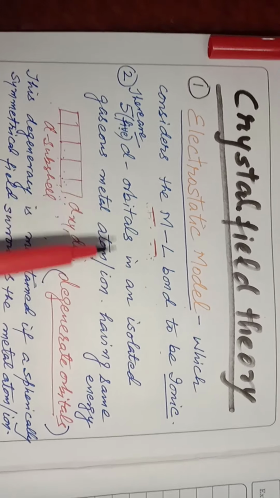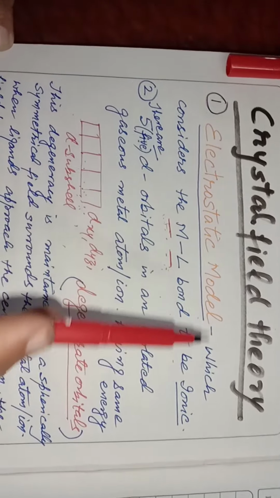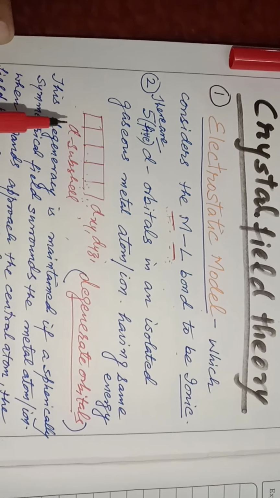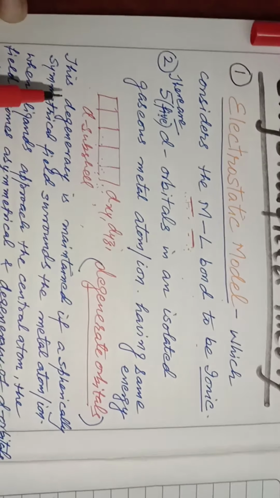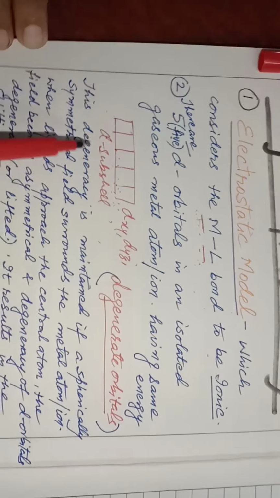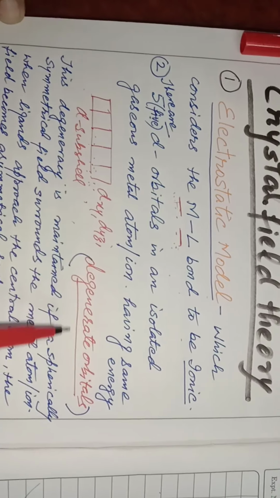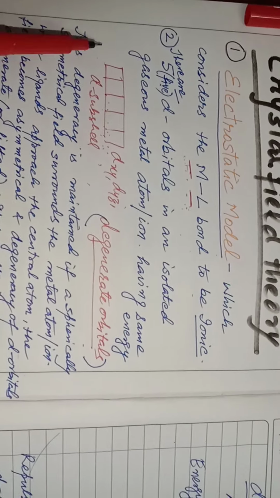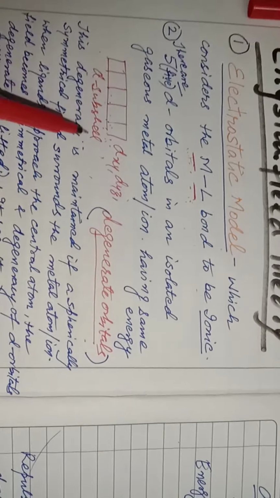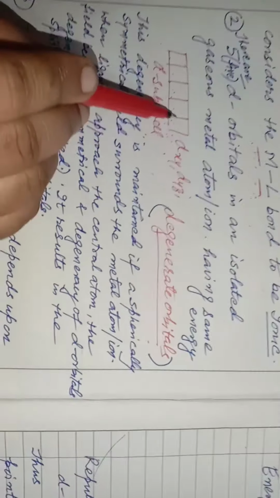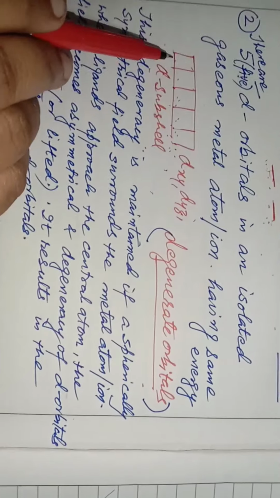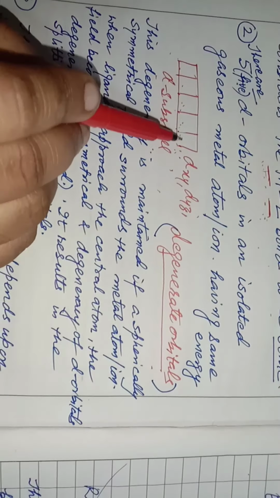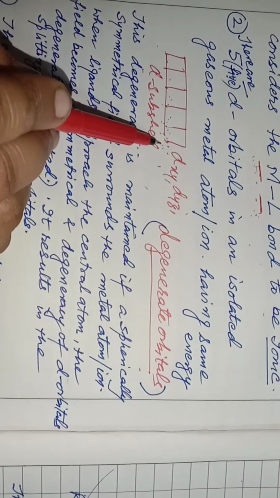Before discussing in detail the crystal field theory, you should know about the d subshell, d orbitals, degenerate orbitals. So here I am telling you that in a d subshell there are 5 d orbitals and the energy of these 5 d orbitals is same.